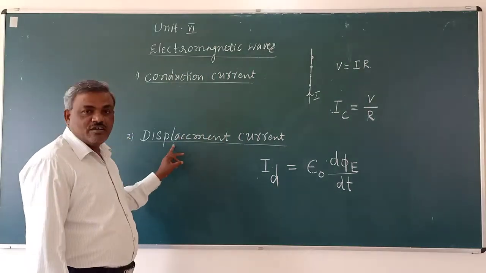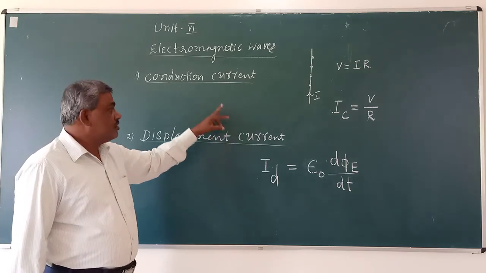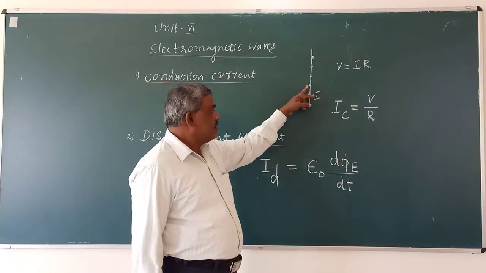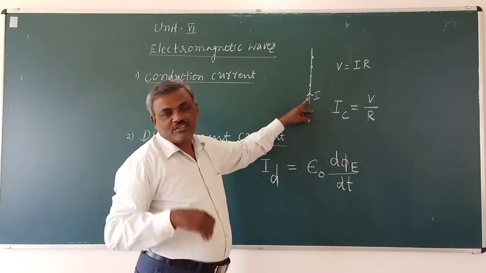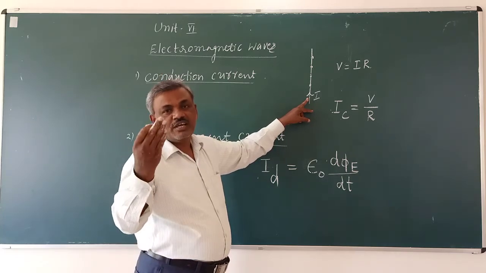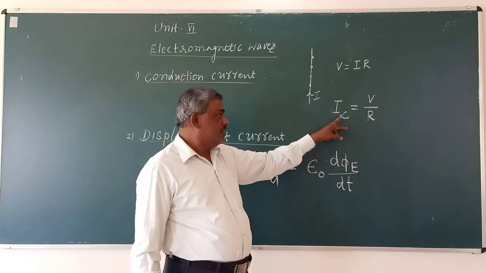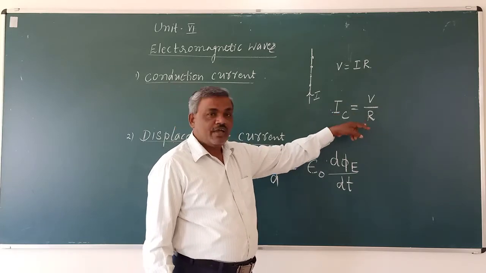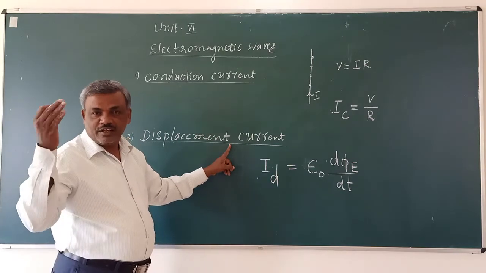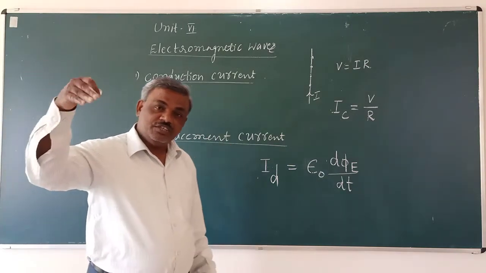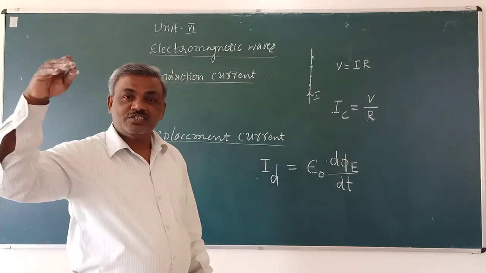Conduction current, displacement current. Conduction current is the current carried by the conductor due to the flow of electric charges. The mathematical formula is IC equal to V by R. Displacement current is the electric current due to changing electric field or changing electric flux.